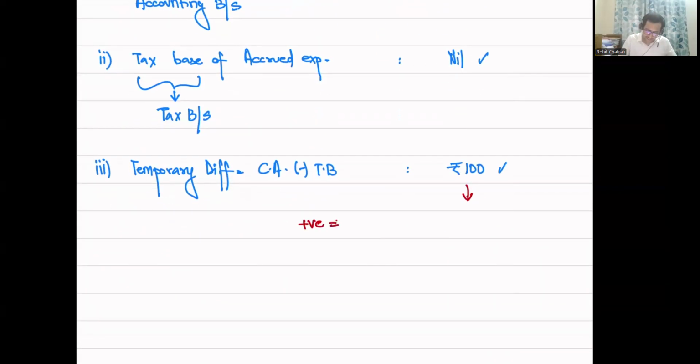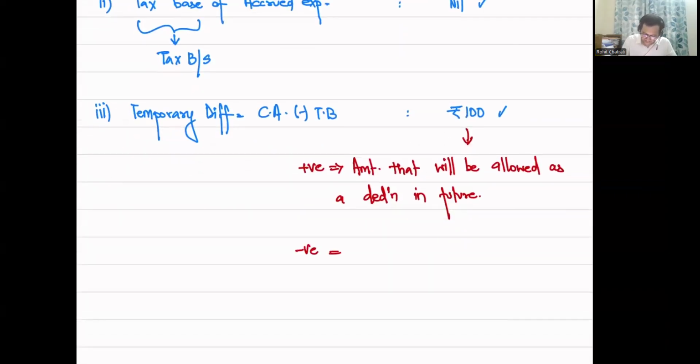Positive represents the amount that will be allowed as a deduction in future, and negative represents the amount that will be taxed in future.